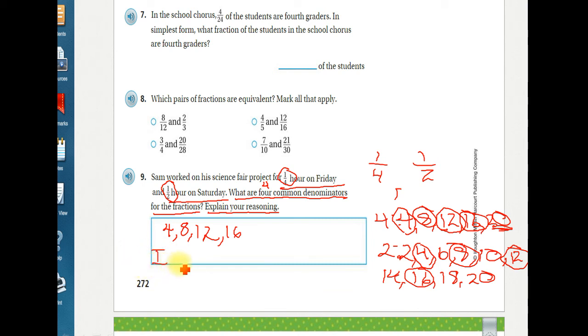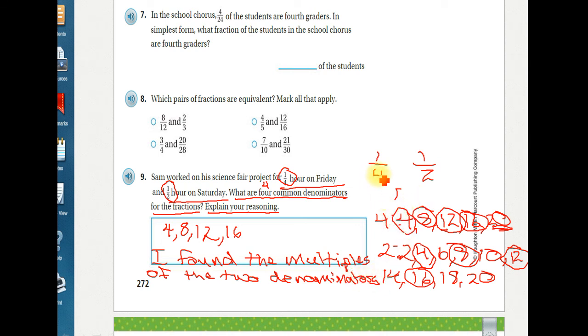So what did I do? Well, I found the multiples. And again, your handwriting will be better than mine. I'm trying to write on a computer and it's not fun. I found the multiples of the 2 denominators, right?